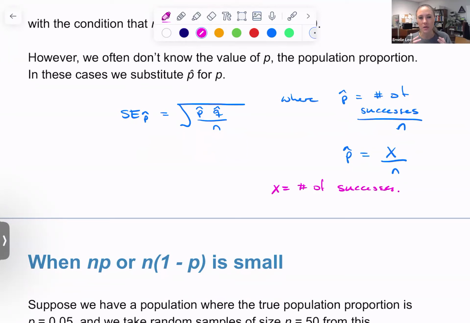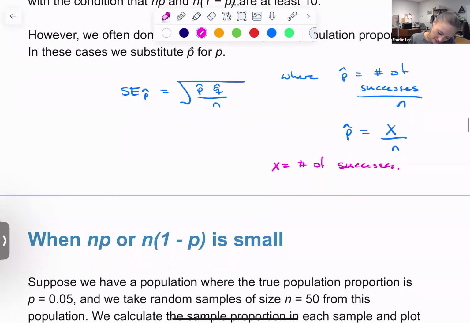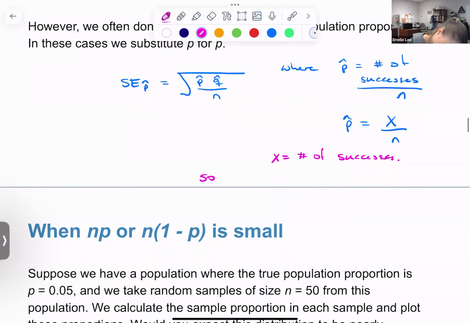It depends on what information you have, but sometimes you'll be given the number of successes over n, and then that's how you find your sample proportion. I'll add, so n minus x is the number of failures.